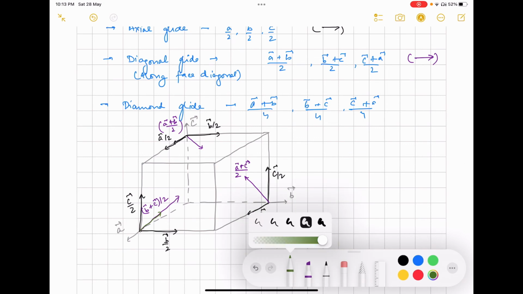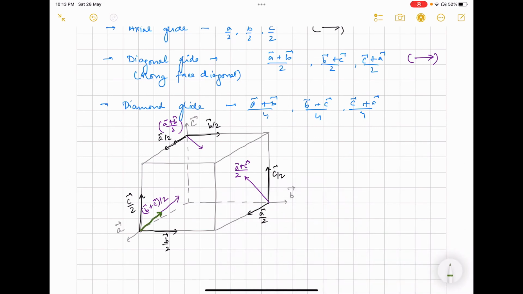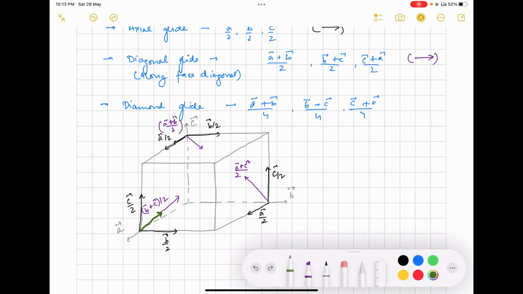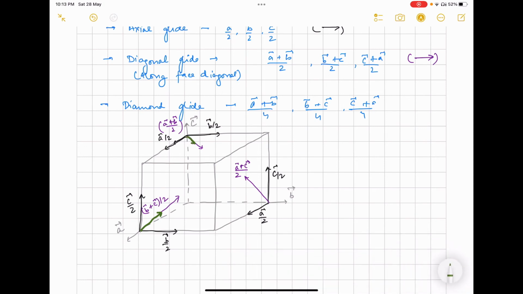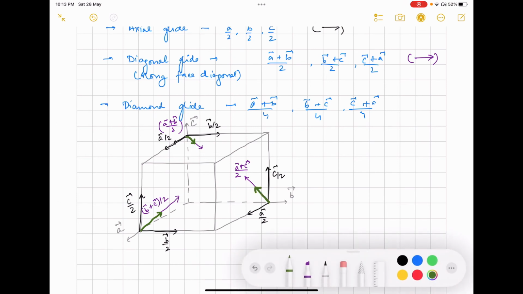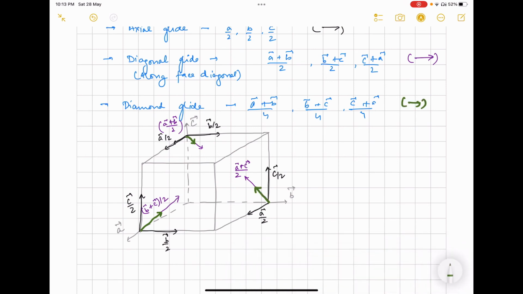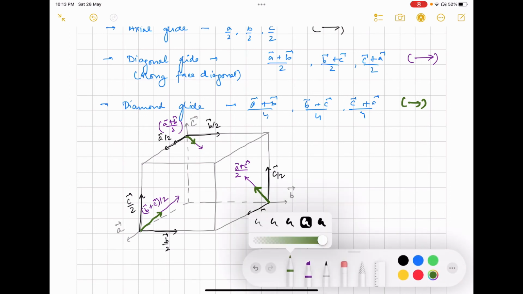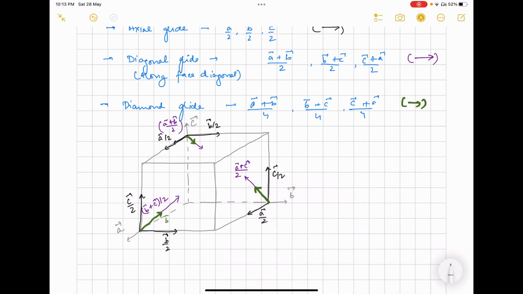If I thicken it a bit, it can be seen, it will be half of this length and half of this length. So these will be b vector plus c vector by 4, a vector plus c vector by 4, and a vector plus b vector by 4.